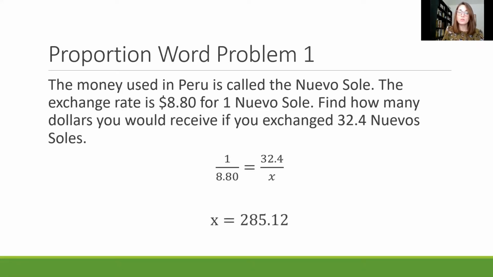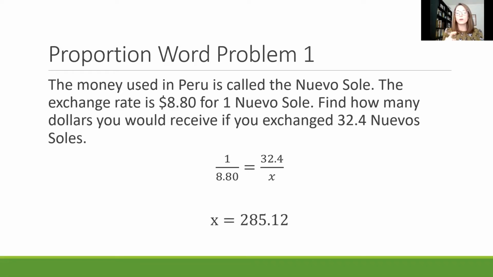So we know that if this person has one Nuevo Sole, they will get $8.80. So the question is, if we have not one, but 32.4 Nuevo Soles, then we can put that information in with the variable x to find out how many dollars that is.